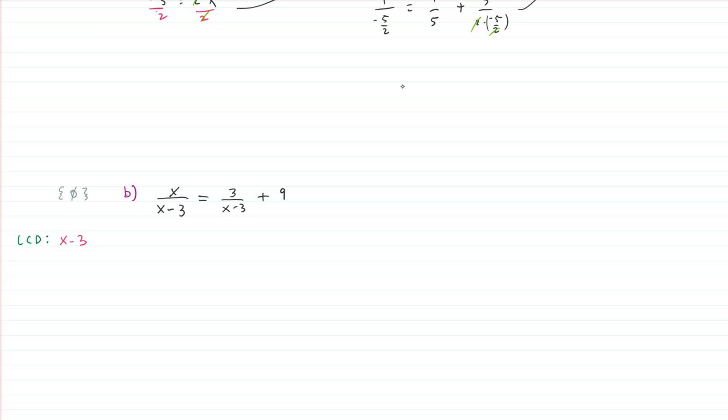So if we take what we have and we multiply it by x minus 3, let's write out what we have again. 3 over x minus 3 plus 9, and we're going to multiply everything by x minus 3.